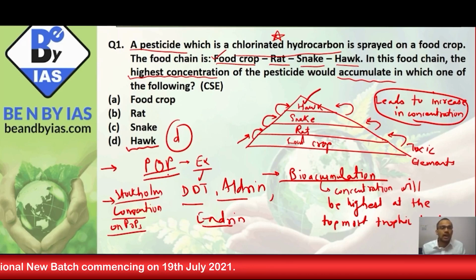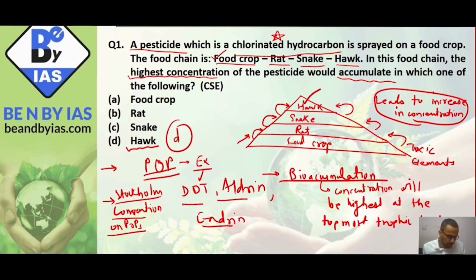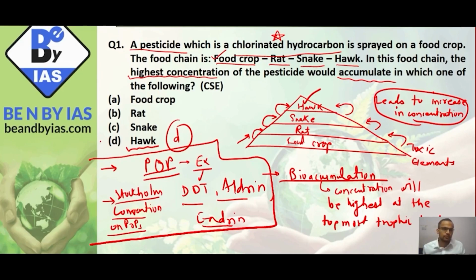They are often carcinogenic, and hence to protect world from POPs is the ultimate aim of Stockholm Convention on POPs, which was signed in 2001 and which came into force in 2004. Fine. So this is an additional information. So answer for this question is D.